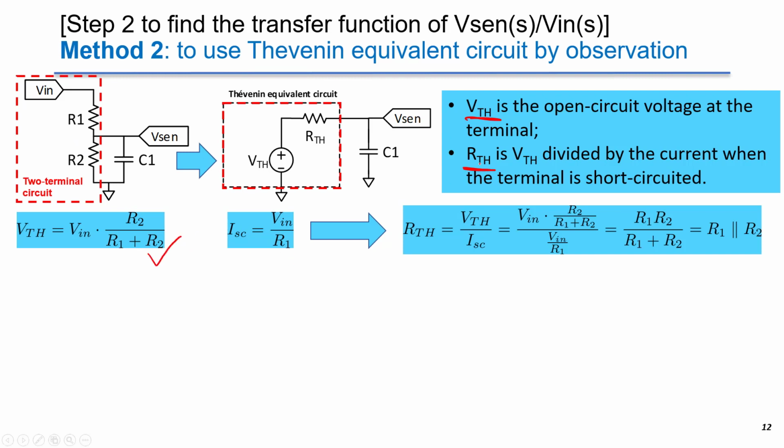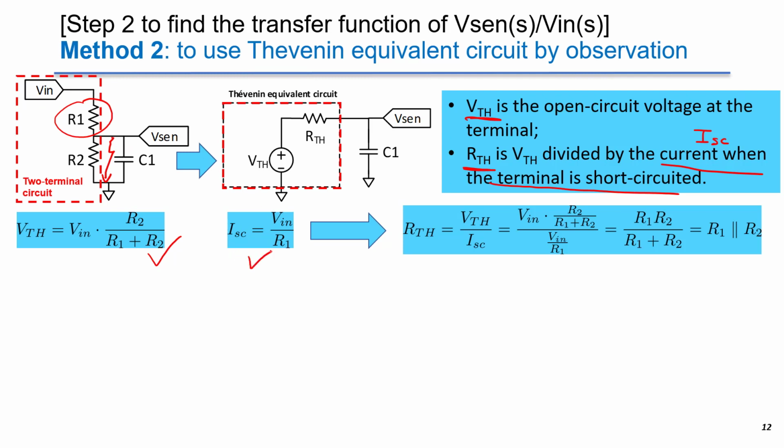Now we need to find the RTH, the equivalent Thevenin resistance. So that is VTH divided by the current when the terminal is a short circuit. We call it the short circuit current, ISC. When this one terminal is a short circuit to the ground reference, we see the current will be Vin over R1 only.